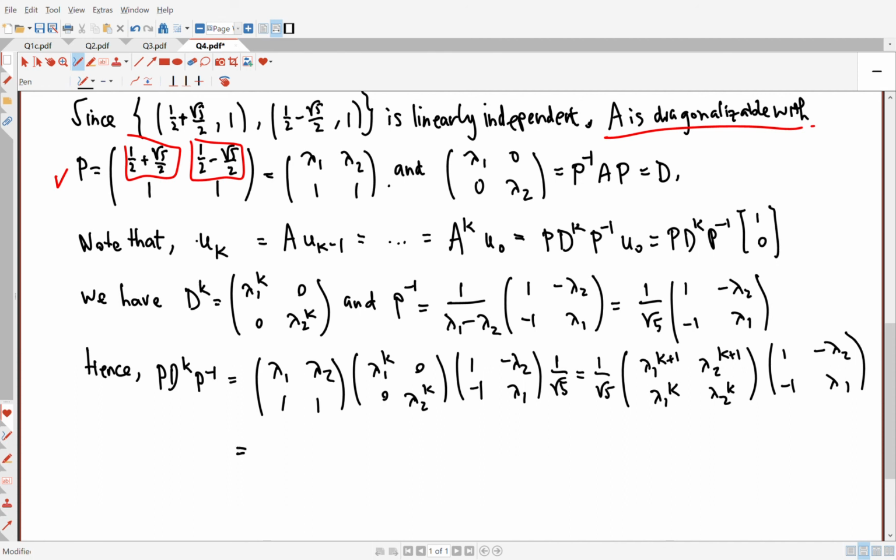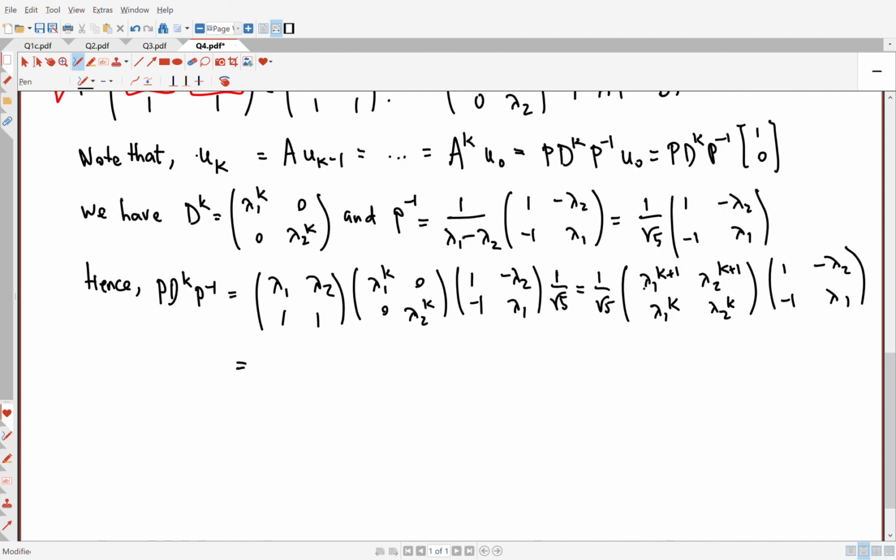And this is equal to, this multiplied with this, I will get lambda 1 to the power of k+1 minus lambda 2 to the power of k+1, and this multiplied with this, I will get minus lambda 1 to the power of k+1 times lambda 2, plus lambda 1 times lambda 2 to the power of k+1.